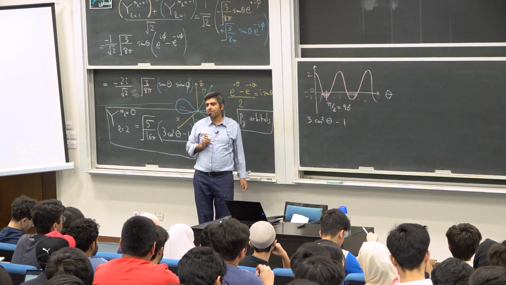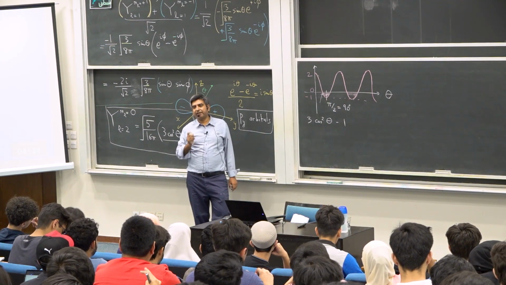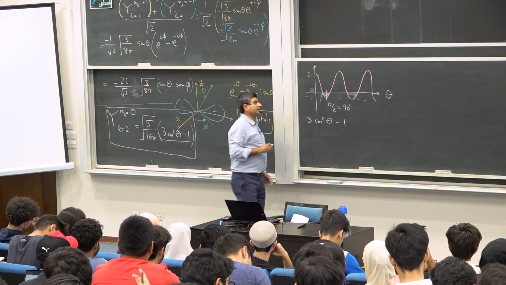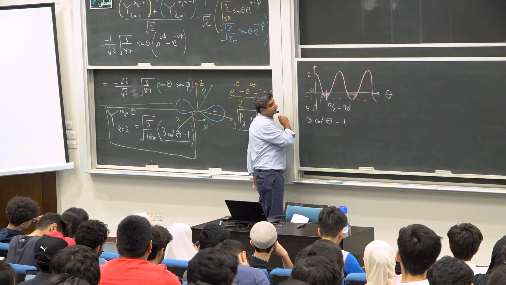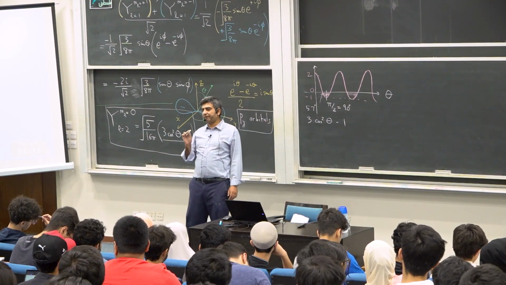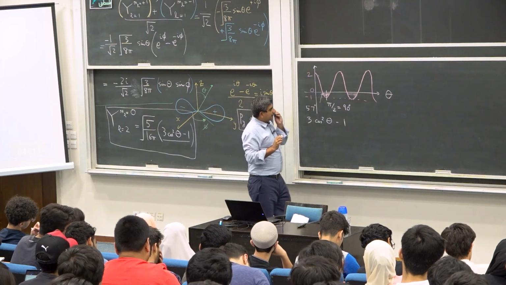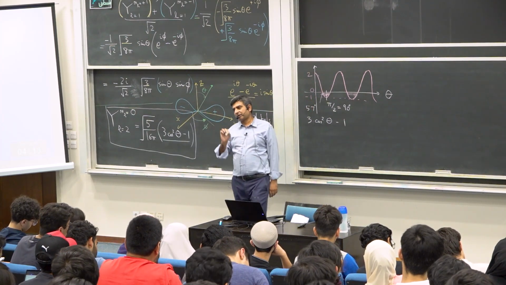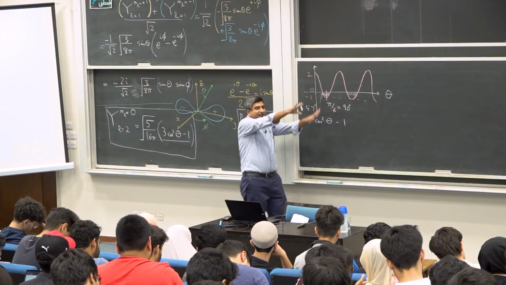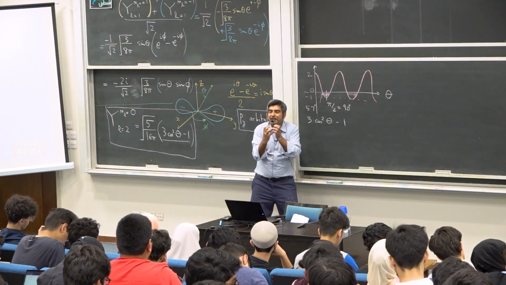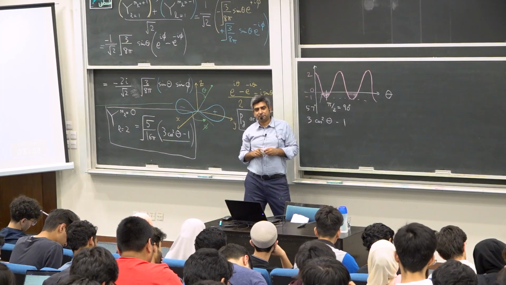Cosine inverse of 1 over square root 3. This is about 57 degrees, I think. All right. So, by the way, this angle is called a magic angle in physics. Now, this is the variation of the distance from the origin versus theta in a polar plot.